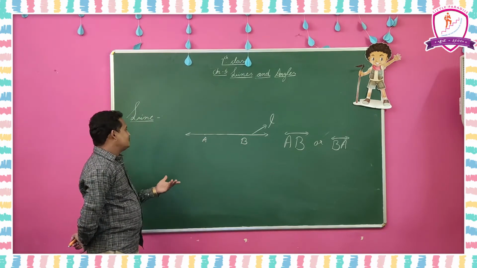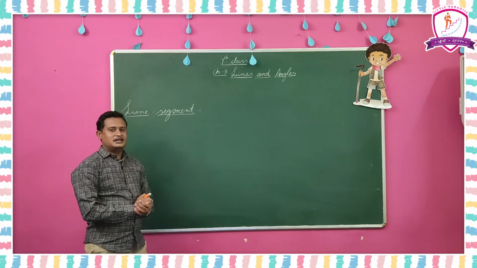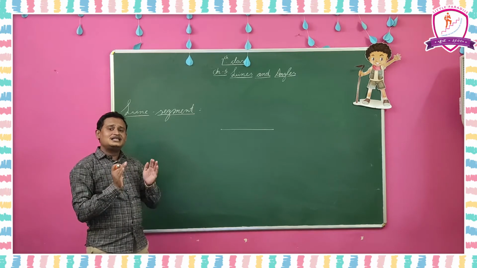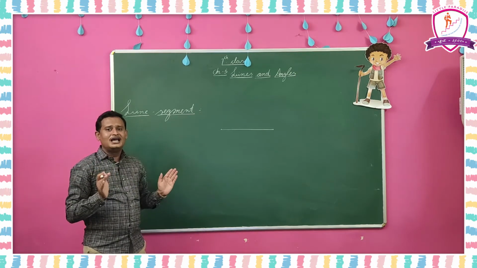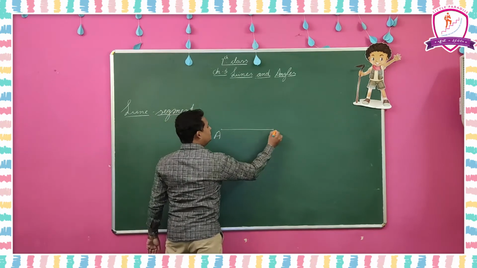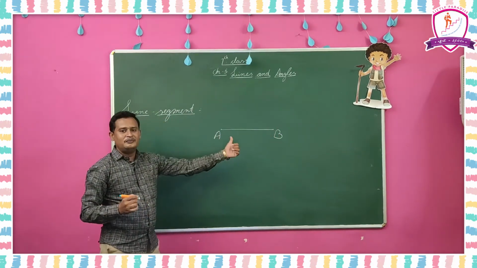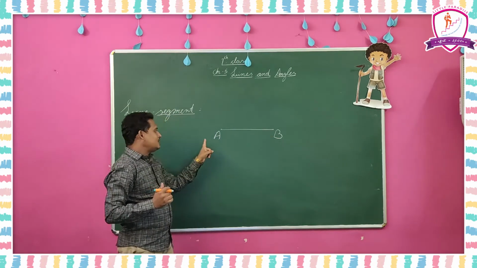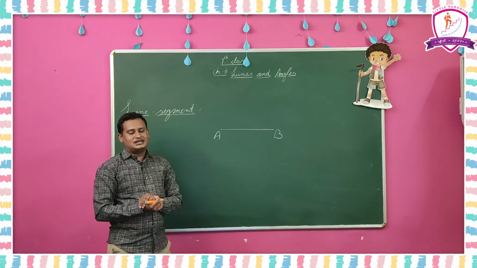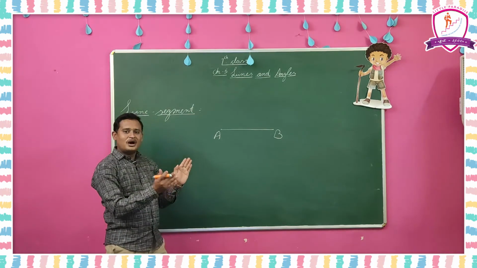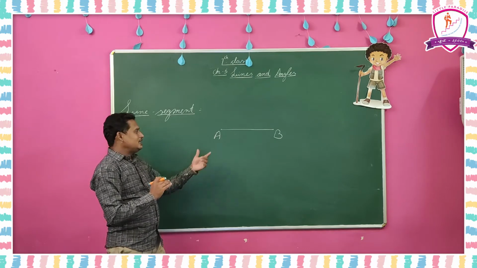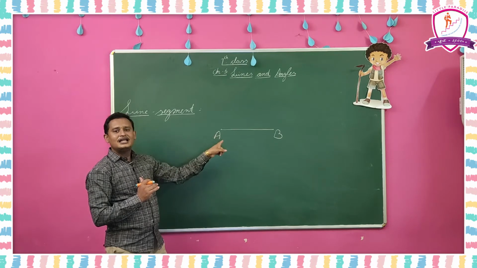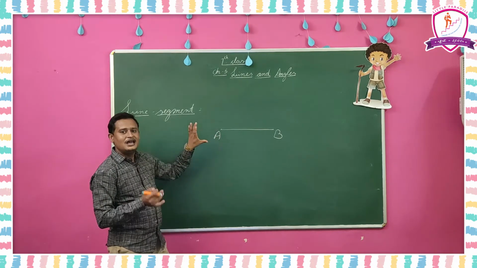Understood? Now the next one is the line segment. A line segment is a part of a line. The shortest distance between 2 points is a line segment. If we join points A and B, this straight line is the shortest distance, and this is called a line segment. It is a part of a line, but it has 2 endpoints, so we can find its length. A line segment has a fixed length.